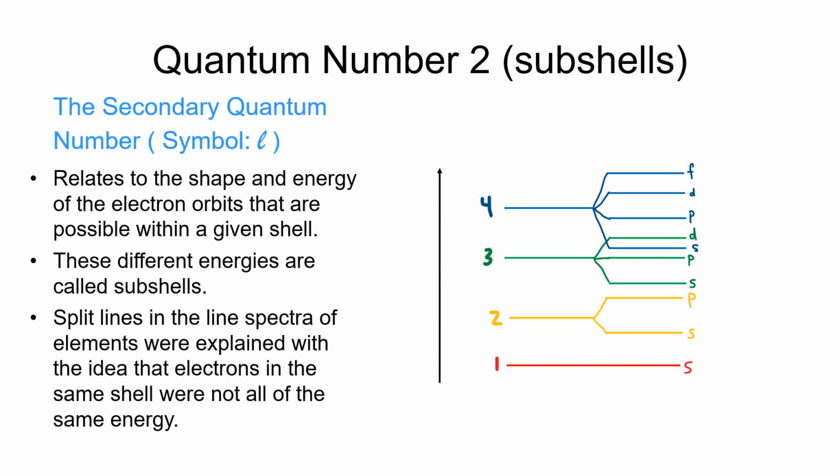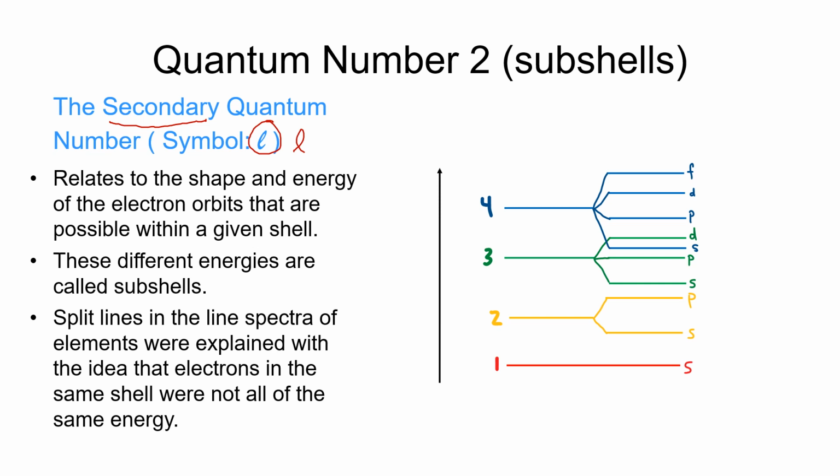All right, quantum number 2. Quantum number 2 is called the secondary quantum number, and it is given a symbol of a scripted L, like that. And it describes the different energies of electron that are possible within a shell. So not all of those electrons that we listed on the previous page have the same energy. They'll have different energies.